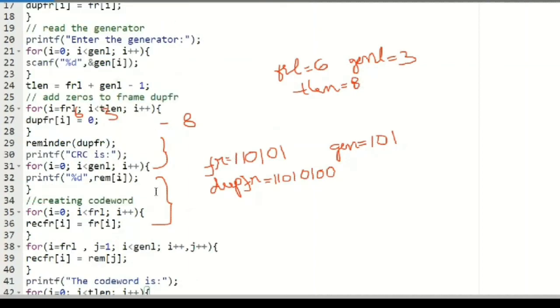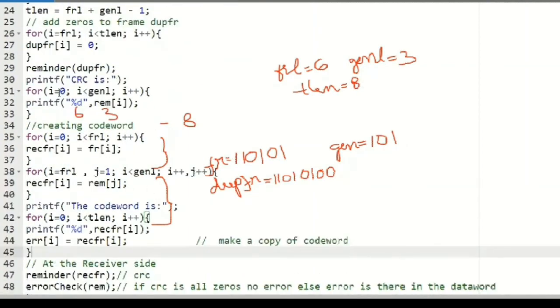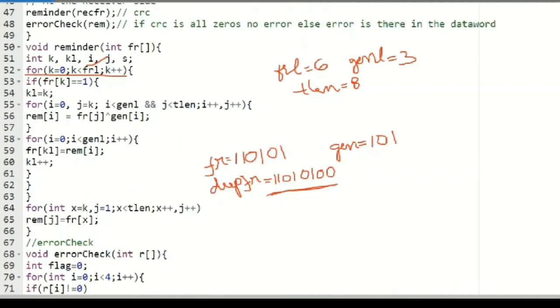Values the arrays and the variables are holding. Now the remainder function is called with the DUPFR array.